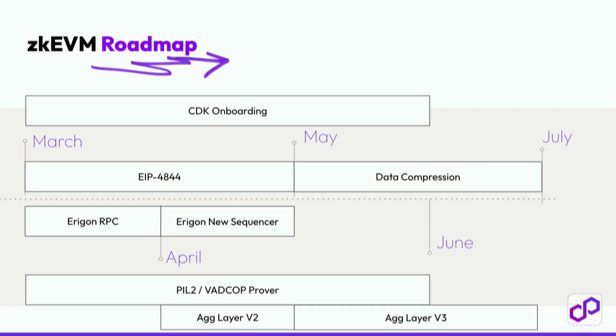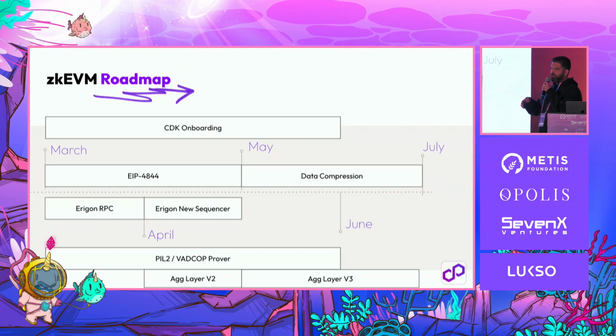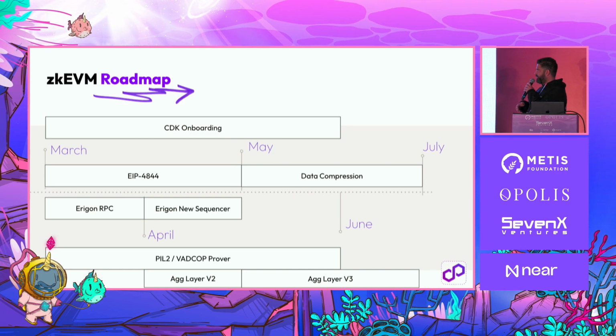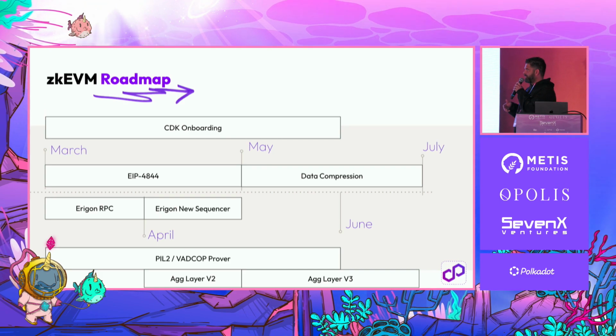And we are developing the aggregation layer V2, aggregation layer V3, and especially important and interesting for this talk is the data compression. We have seen how easily we can decrease the cost of transactions by a factor of 3 or 7 or something like that. But we are also going to add data compression to the data that we are submitting to the blobs. And with that, we can achieve a bigger compression factor and cheaper transactions.